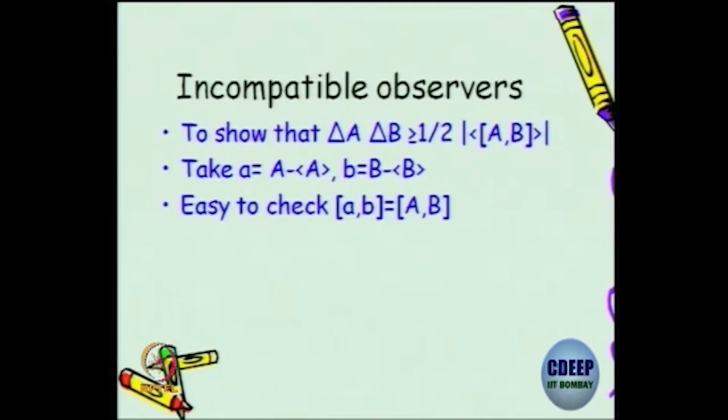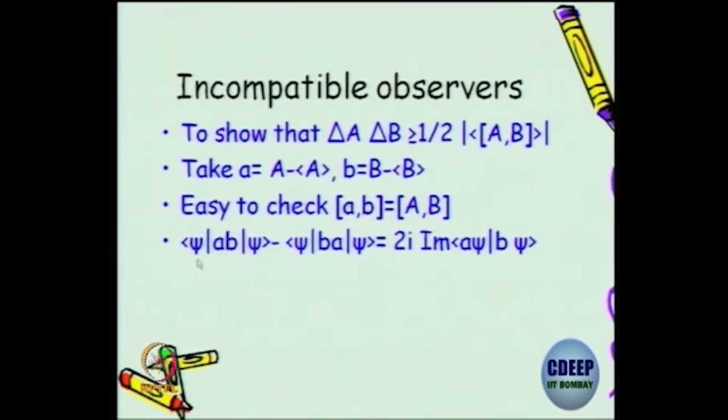Why? The expectation value is a number, so it doesn't really play a role. So you can check that the little a, little b commutator is the same as the observable operator A commutator with B.